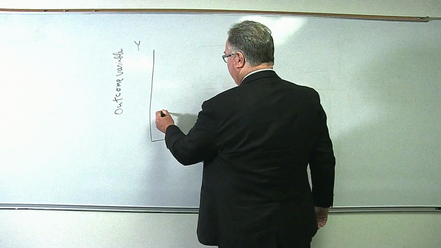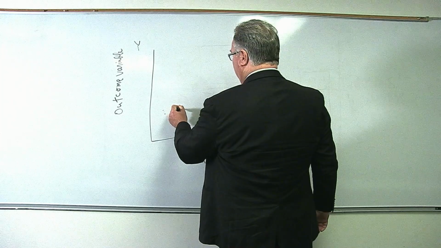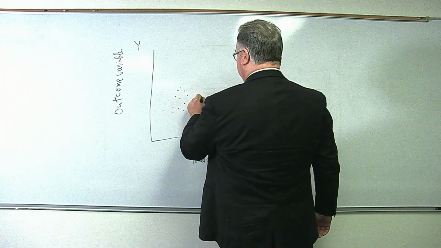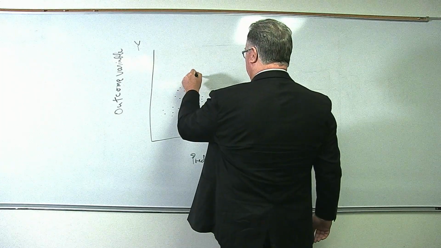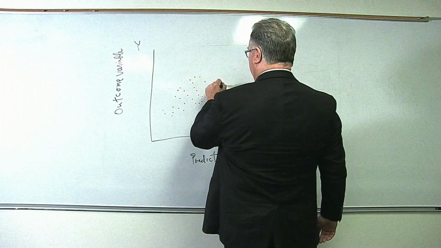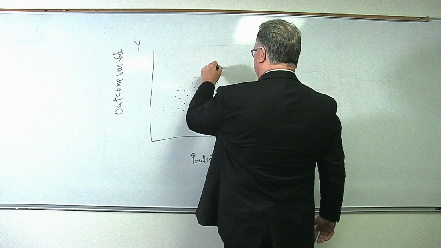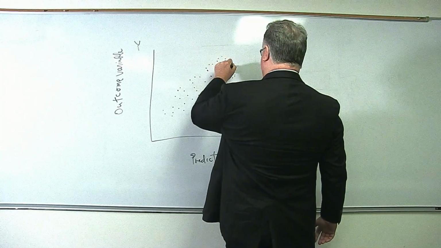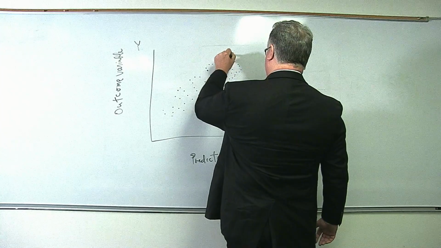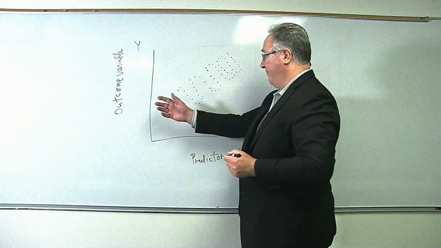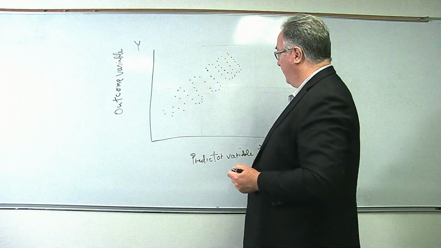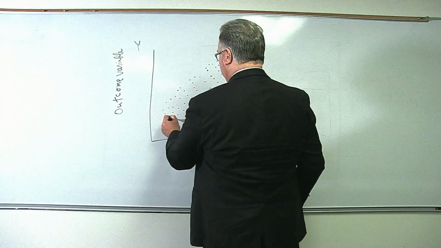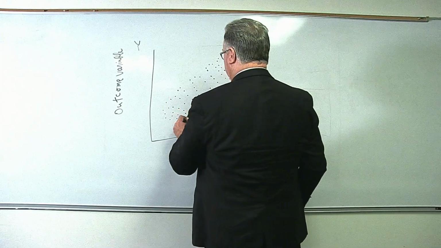I'll do it in terms of each of these dots representing an observation. This is just an example of one of many relationships that you could have between the outcome variable and a particular predictor variable. We'll put some more observed values. These are all observed values, each of these dots.